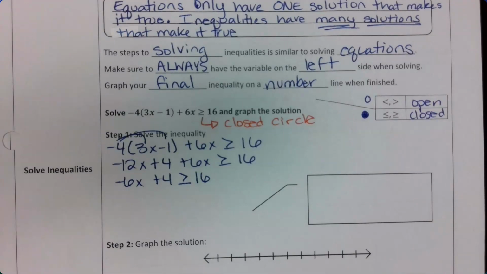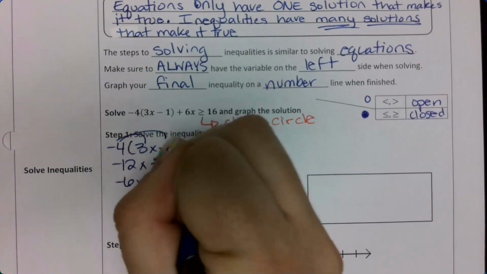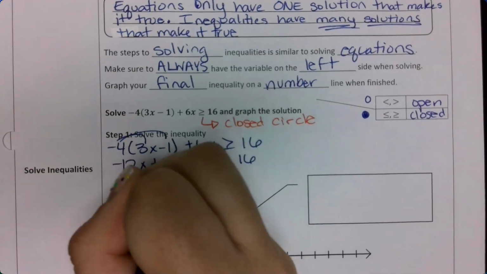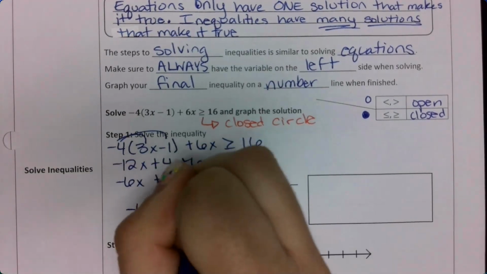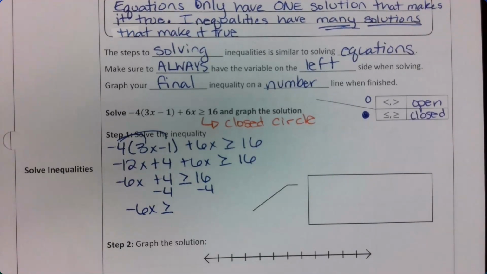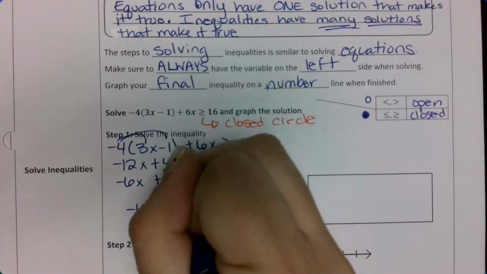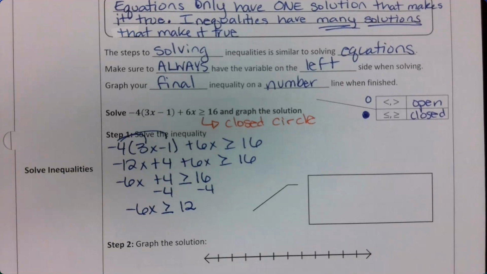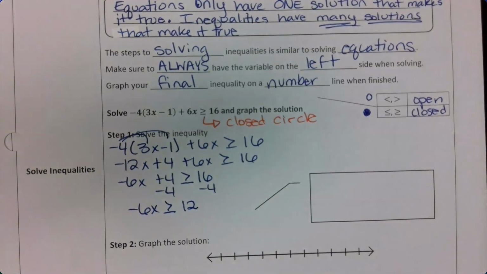What do I want to do next? How do I get rid of the 4? Okay, so I'm going to subtract it on both sides. What is 16 minus 4? 12. Okay, and is x completely alone yet?